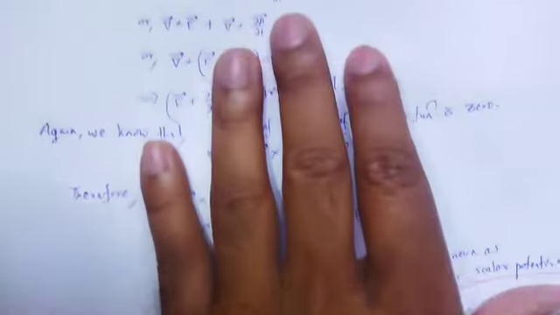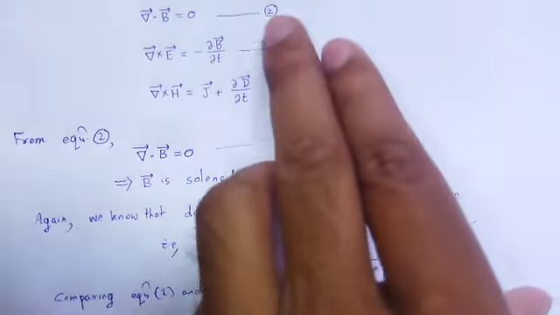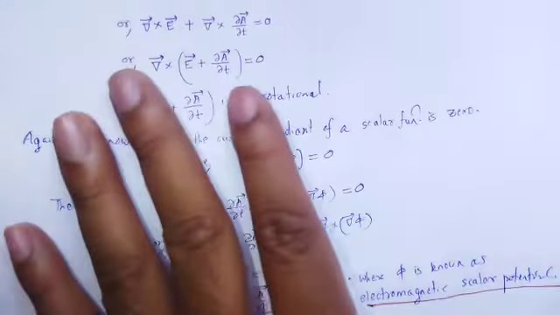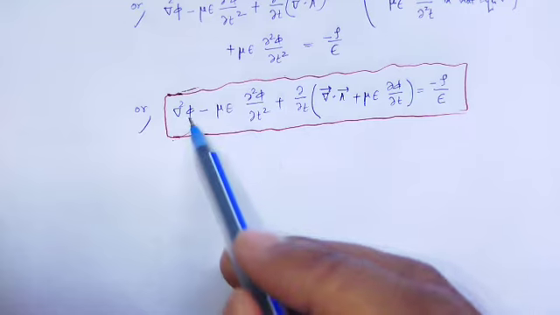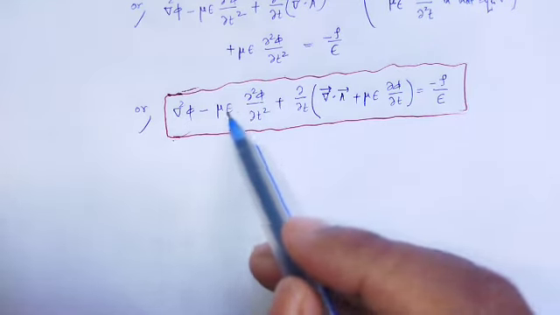From equation number 1, we showed Maxwell's equation in terms of phi, that is the scalar potential.